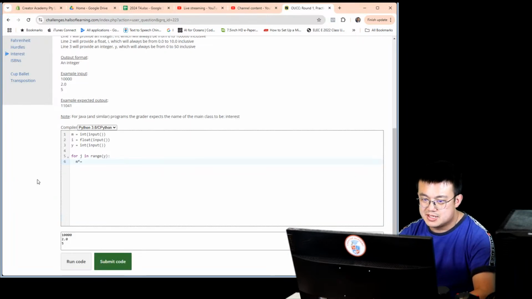M equals, that means whatever M is right now, I'm going to multiply that by 1 plus I. So it was a 2%. No, 100 plus I divided by 100.